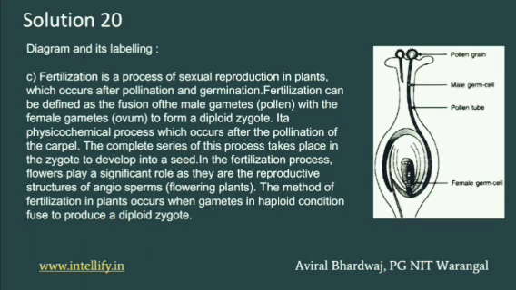The pollen grains and ovum combine to form a diploid zygote. It is a physiochemical process which occurs after pollination of the carpel. In fertilization in plants, the gametes in the haploid condition fuse to produce a diploid zygote and to make the food. This is a suitable question, so go through it.